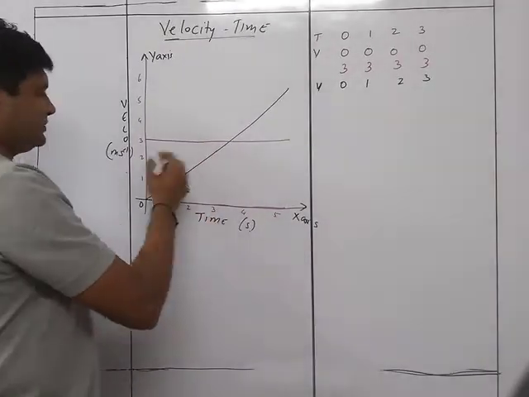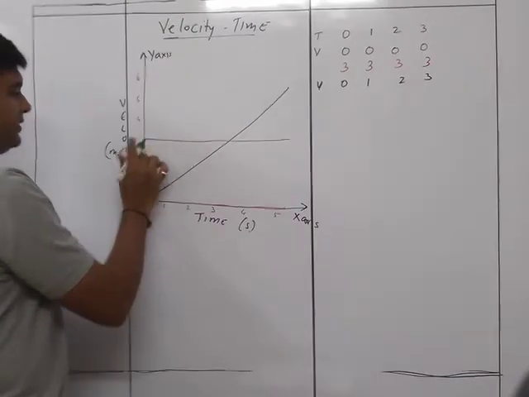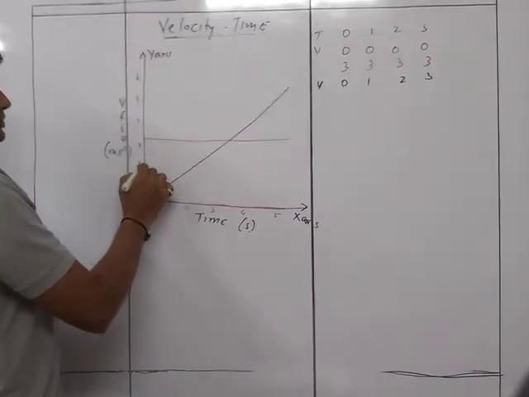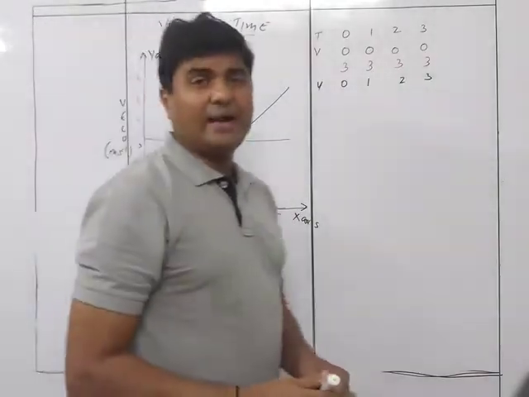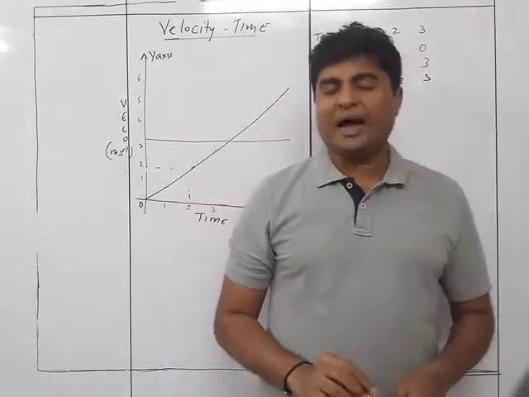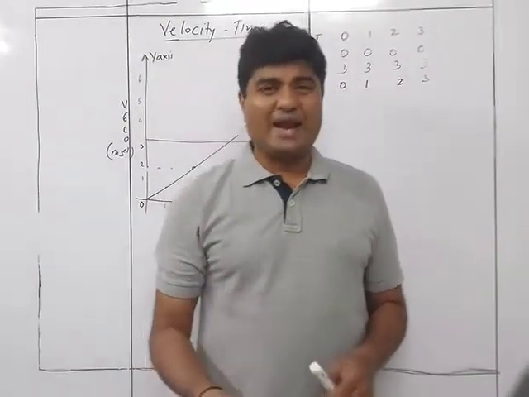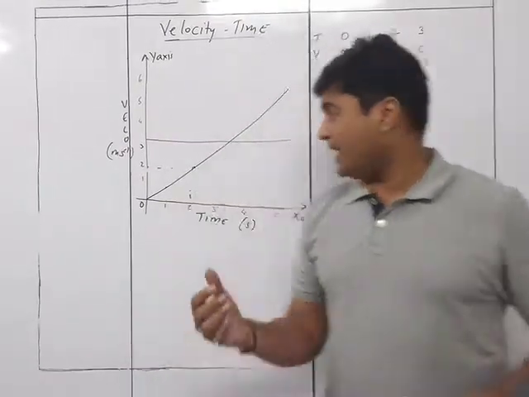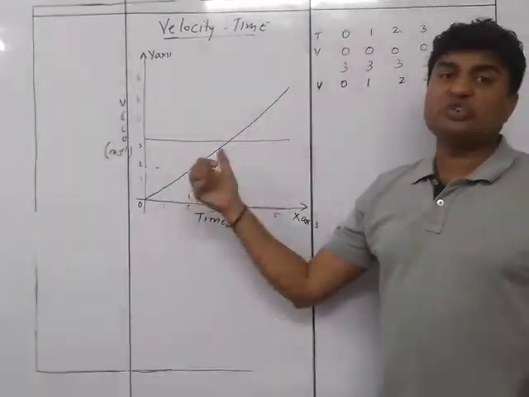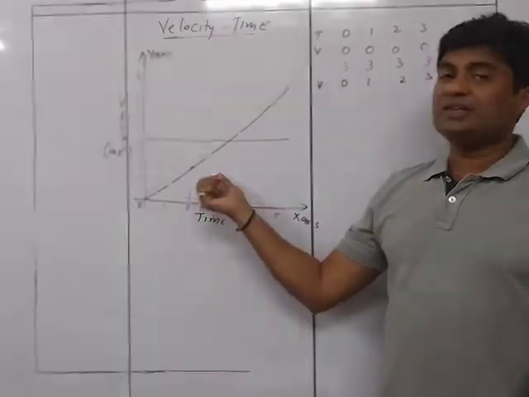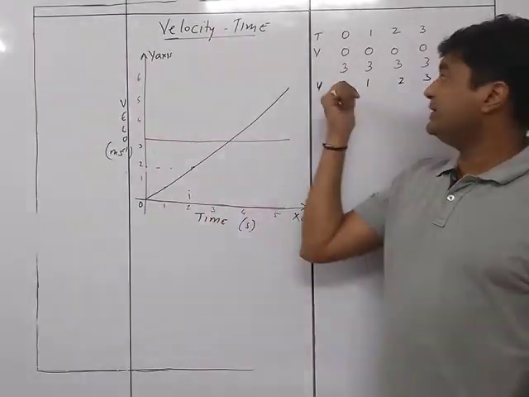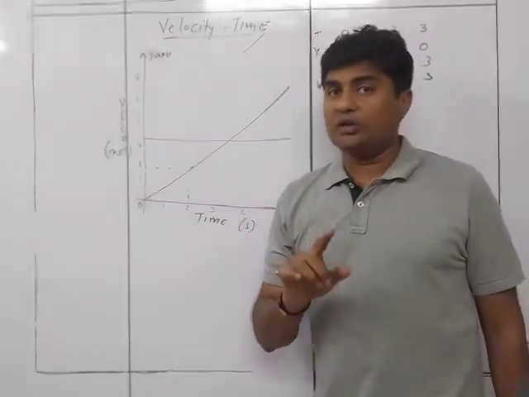We just change this over here, make it 3 here, 2 here, just to represent it in the right form. If the graph is a straight line inclined to the x-axis, then this tells you that it is a non-uniform velocity.